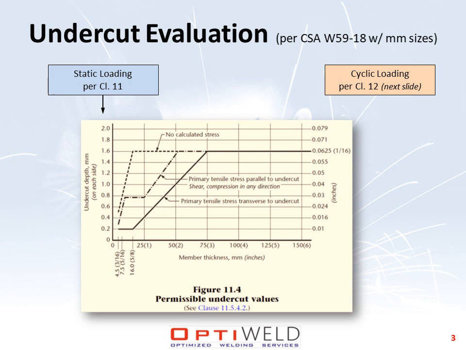Here we go. For material less than 25 millimeter thick, undercut not exceeding 1 millimeter for any length of weld, with the following exception. Undercut shall not exceed 1.6 millimeter for any accumulated length up to 50 millimeter in any 300 millimeter.